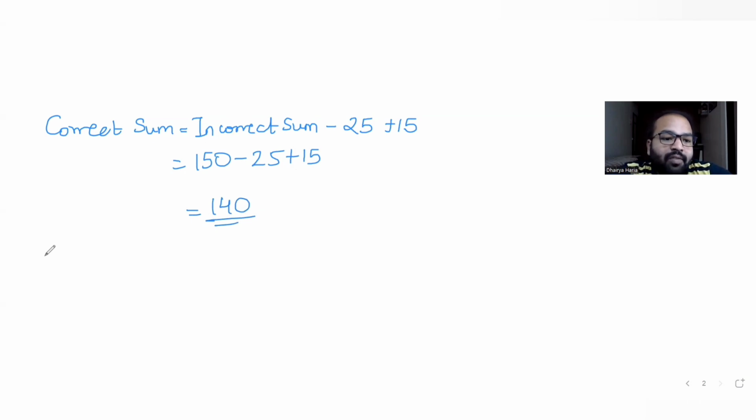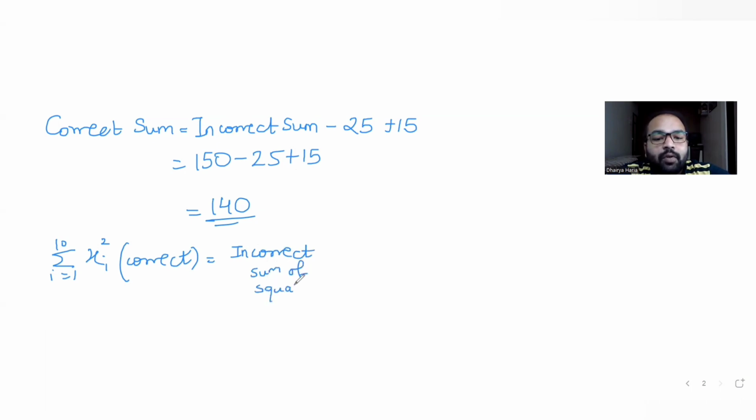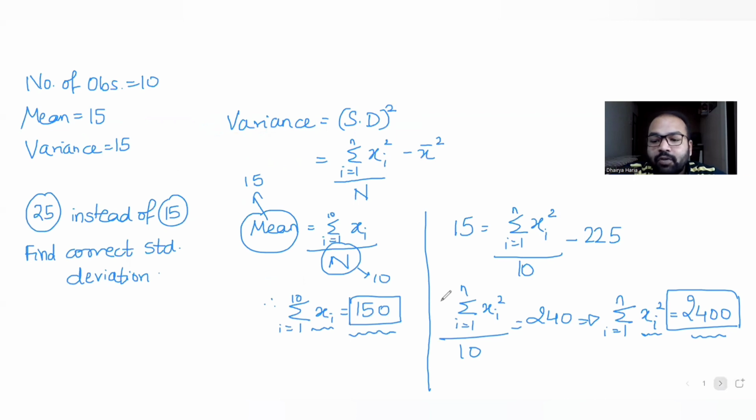Also, what I need to find is the correct summation i equals 1 to 10 xi square, the correct sum of the squares. It will be the incorrect sum of the squares, minus the square of the incorrect observation, because that was added previously, so 25 square I will subtract, and I will add the new observation square, that is 15 square. The incorrect sum of squares we already got on the previous page, it was 2400.